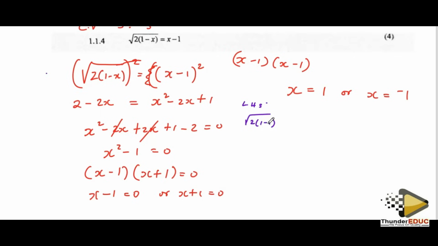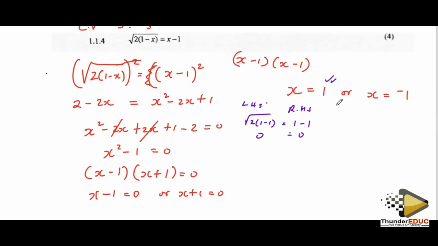What am I getting here? I'm getting 0. On the right hand side, I have x as 1, so that's 1 minus 1, which is also 0. So this one works, it satisfies the equation.